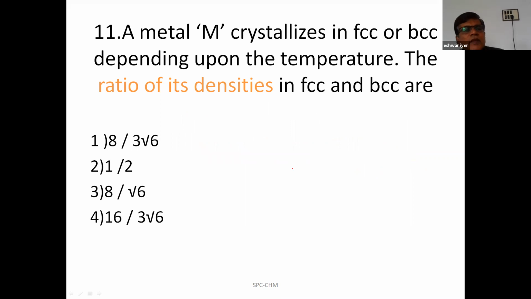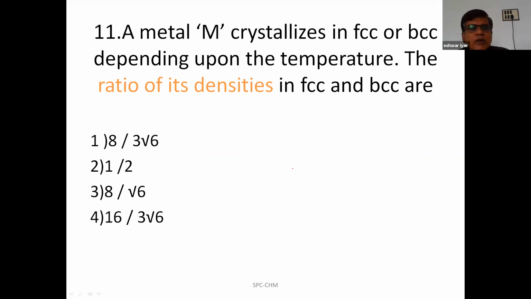Next question. A metal M crystallizes in FCC or BCC depending upon the temperature. The ratio of its densities in FCC and BCC. Look at this. A particular metal will not have a definite crystal structure.